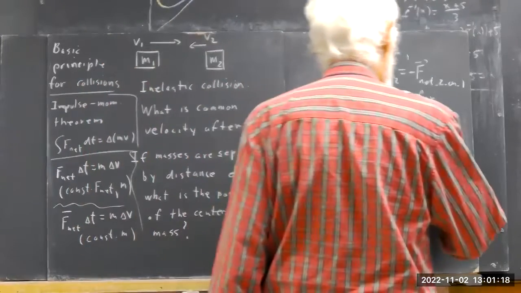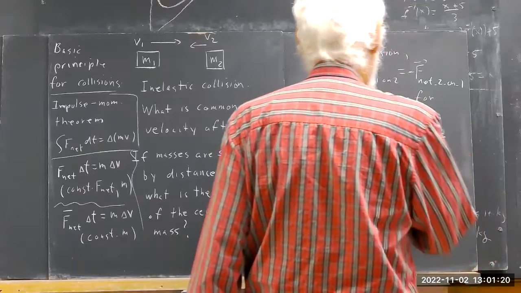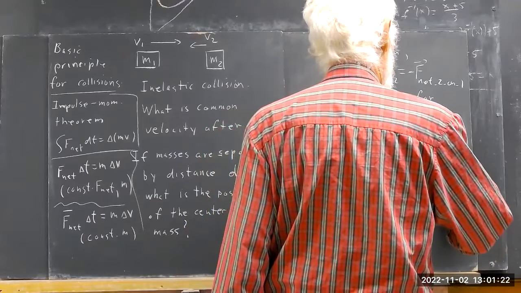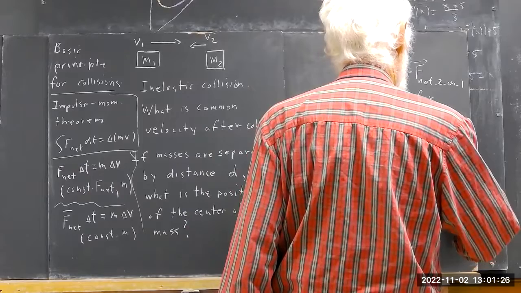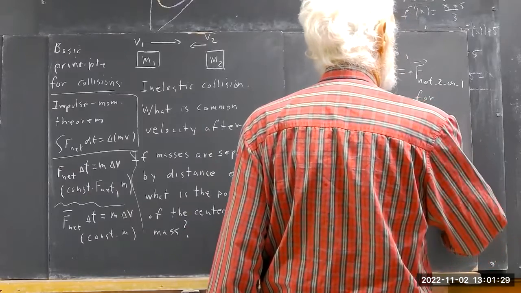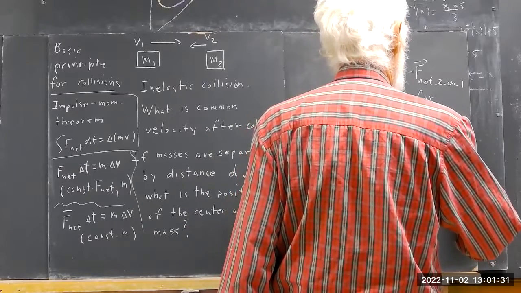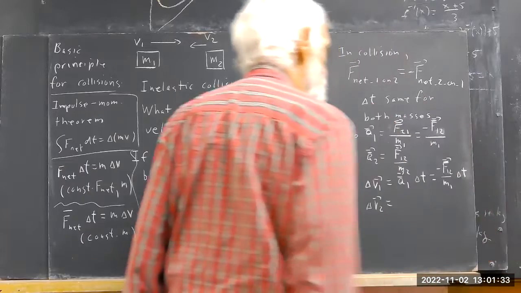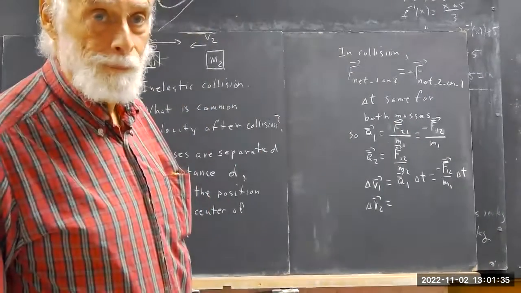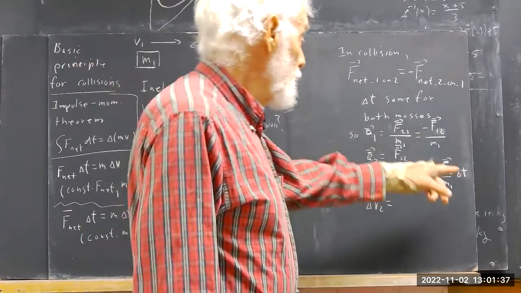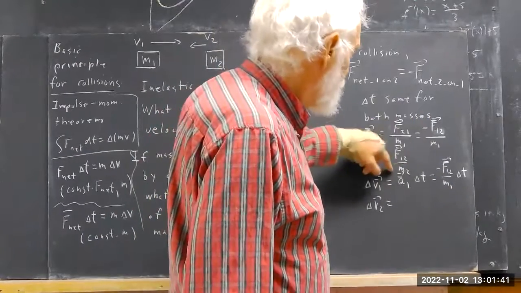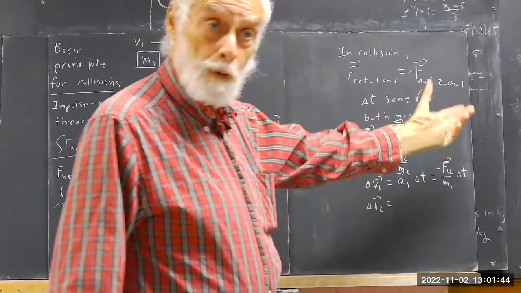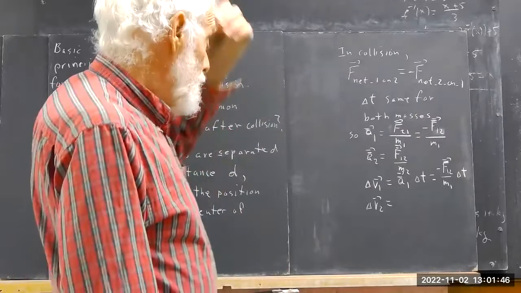Which is, average acceleration is negative F12 bar divided by the mass 1 times delta T. Okay, so it's F21 divided by the mass times delta T, but since this is equal and opposite to this, we're going to use negative F12 in both cases.